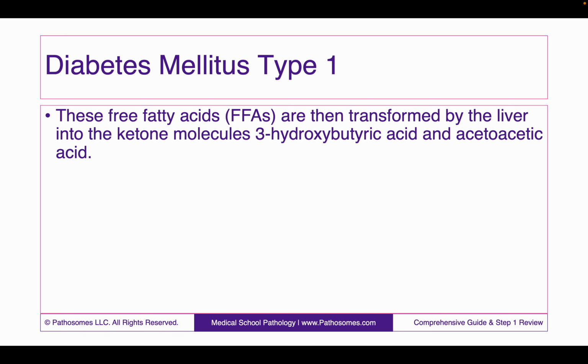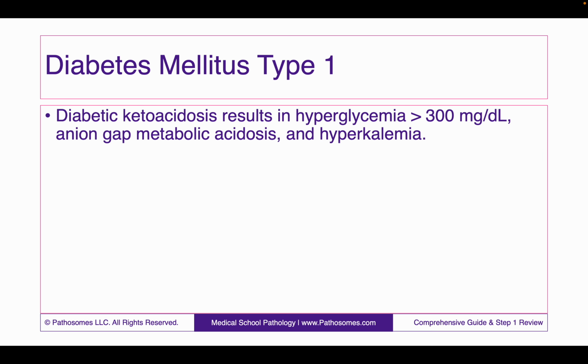And these free fatty acids are then transformed by the liver into the ketone molecules 3-hydroxybutyric acid and acetoacetic acid. Diabetic ketoacidosis results in hyperglycemia greater than 300 milligrams per deciliter, anion gap metabolic acidosis, and hyperkalemia.